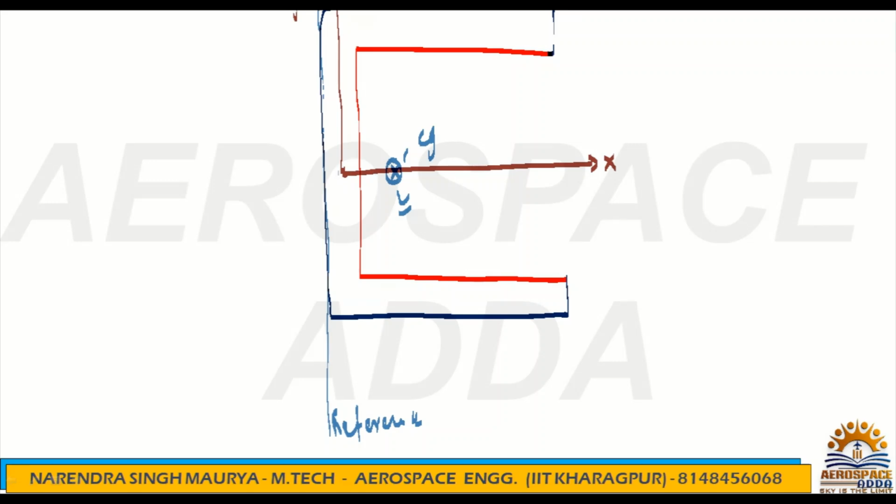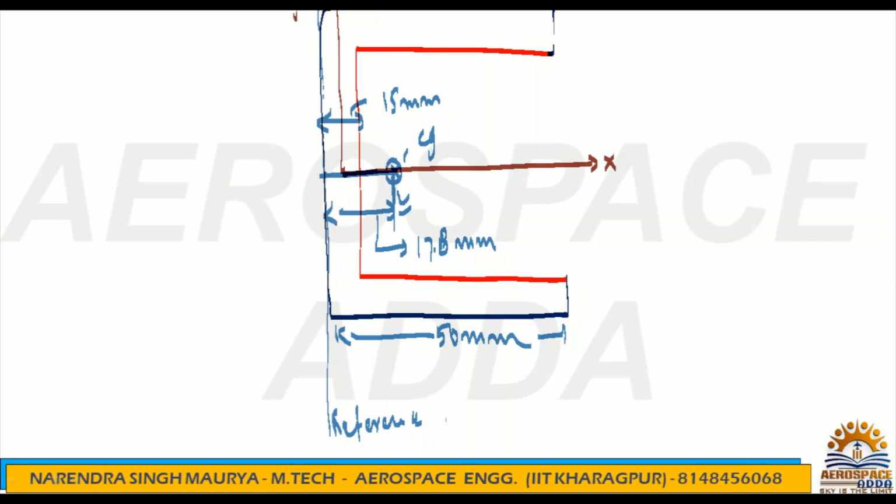So from the reference, if you measure, then this distance is nothing but 17.8 mm. Okay, because this is 15 mm, right? And obviously this is what, 50 mm. So 17.8 somewhere will exist on X axis, but from the reference 17.8 we will have. I hope this one is clear.